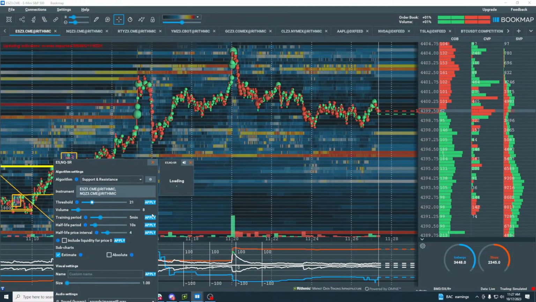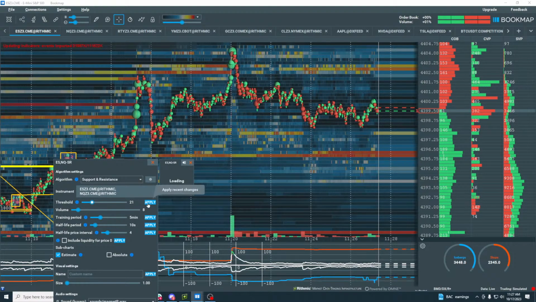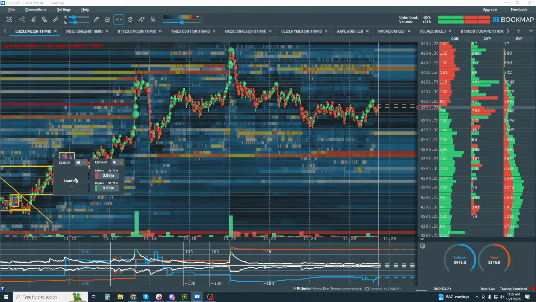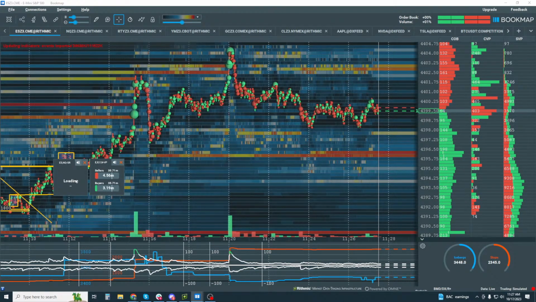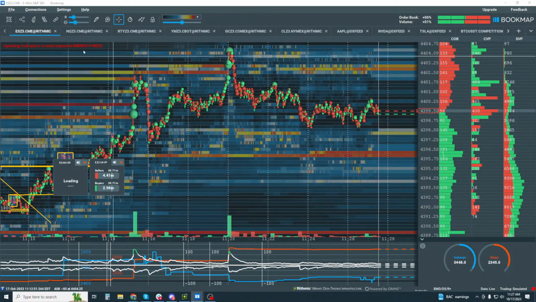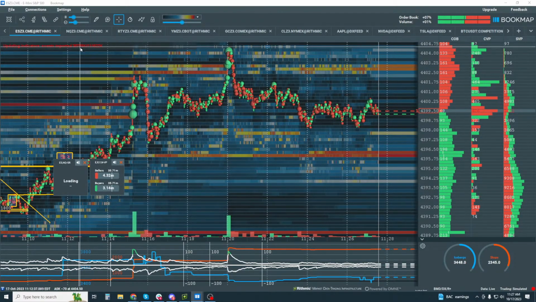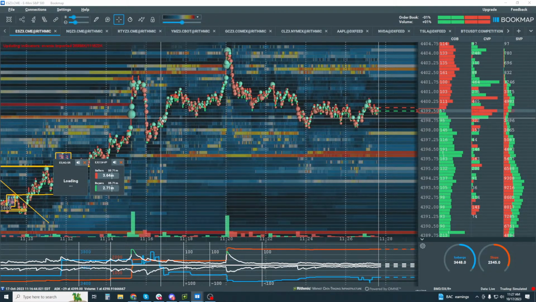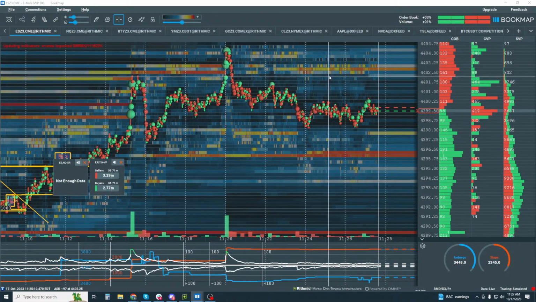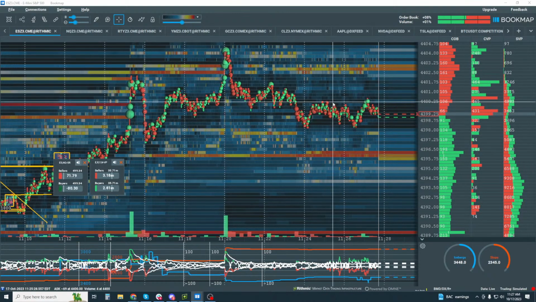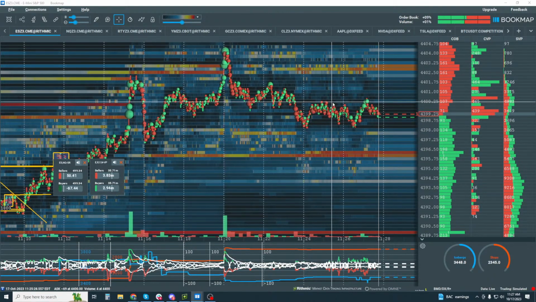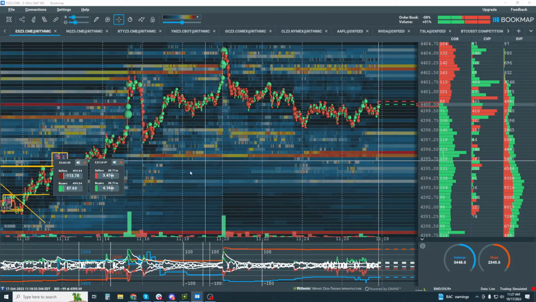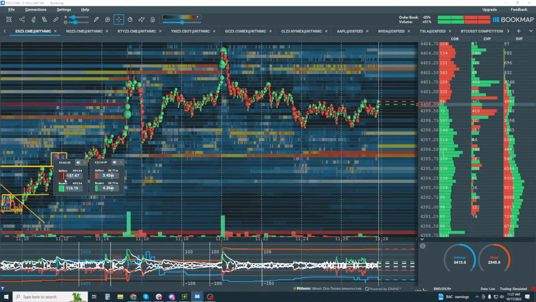So we can bring down the threshold and click apply. And it is still loading. It's almost there though, I think. Give it a minute. All right, so yeah, it's already starting to hit it here.